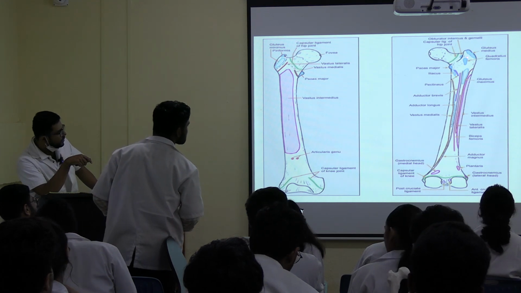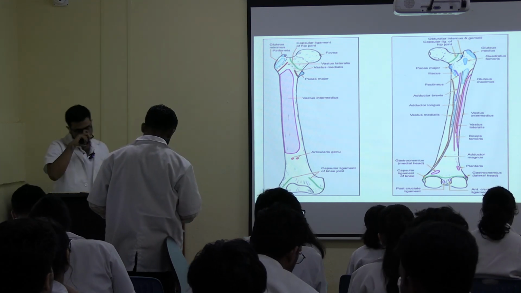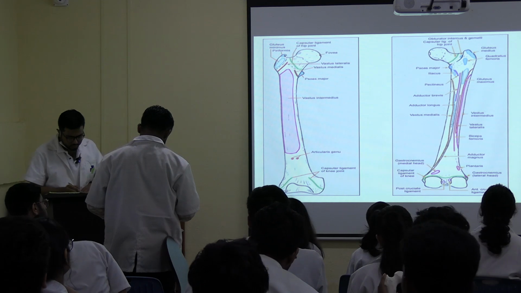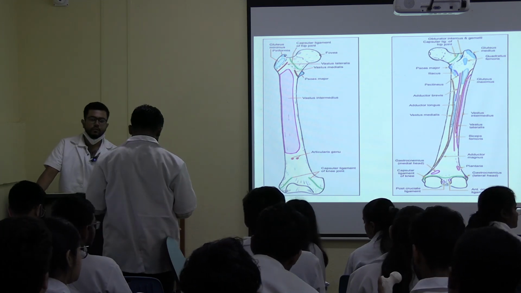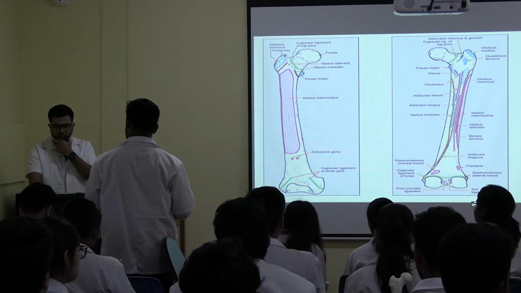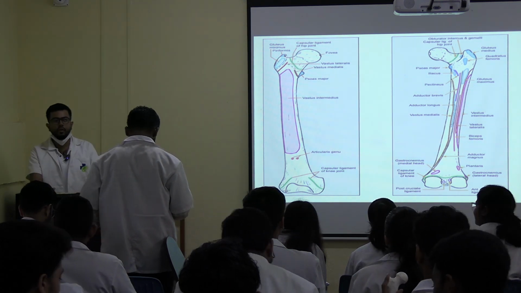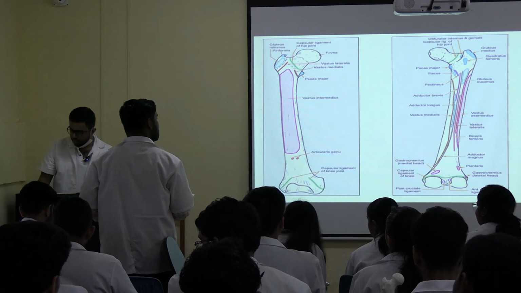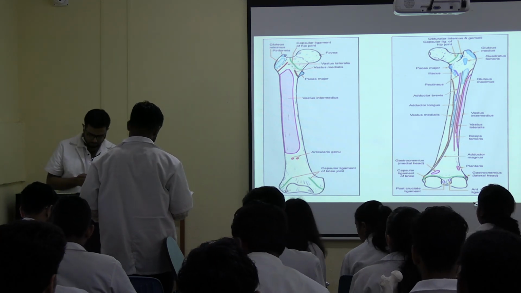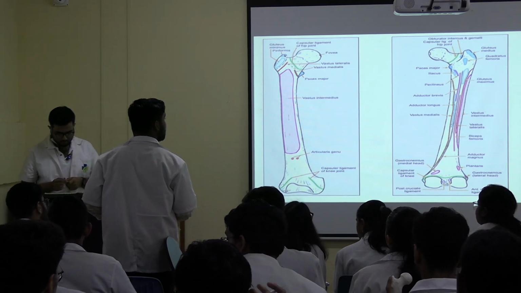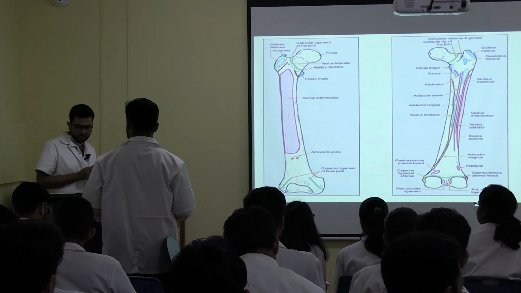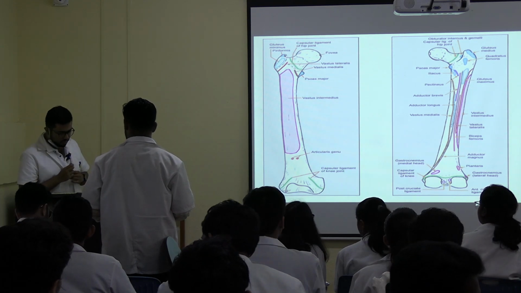This is gluteus medius. A 2D image. Okay. Make a guess where this is attached. Greater trochanter. Okay. Then which part of greater trochanter? Upper part. How many surfaces does the greater trochanter have?